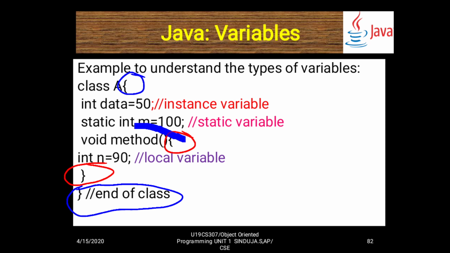When I am creating a variable within my class but outside of my method, outside of my function, that particular variable is called an instance variable. So what is the speciality of this instance variable?